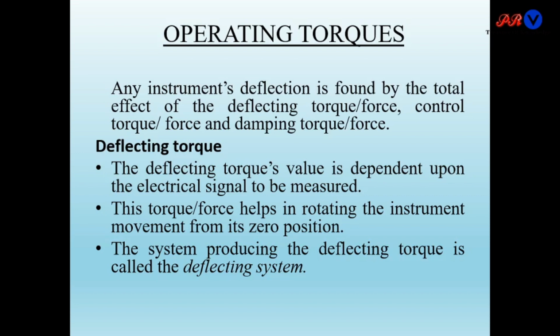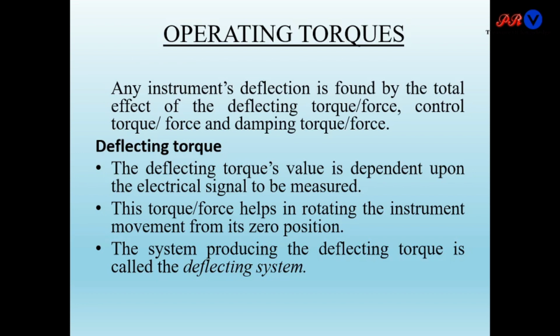Deflecting torque. The deflecting torque's value depends upon the electrical signal to be measured. This torque or force helps in rotating the instrument movement from its zero position. The system producing the deflecting torque is called the deflecting system. So what is the basic purpose of this deflecting torque?